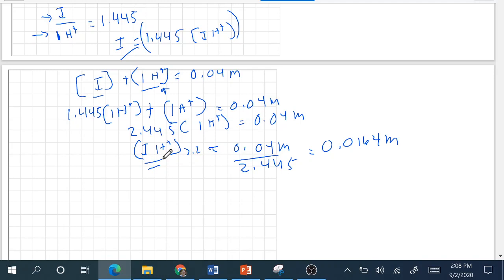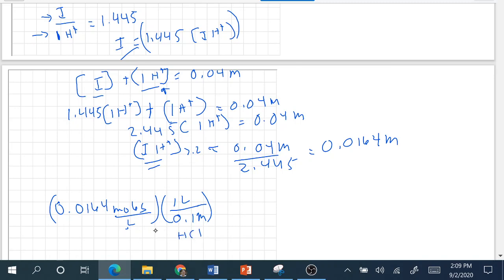So we can say 0.0164 moles per liter times 1 liter per 0.1 molar. That's the HCl solution that we need to react.